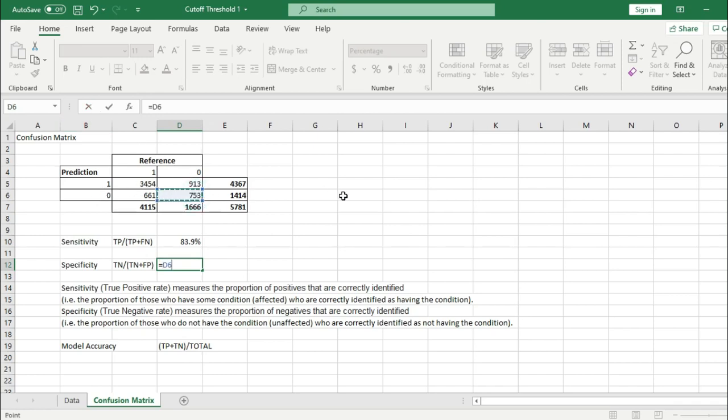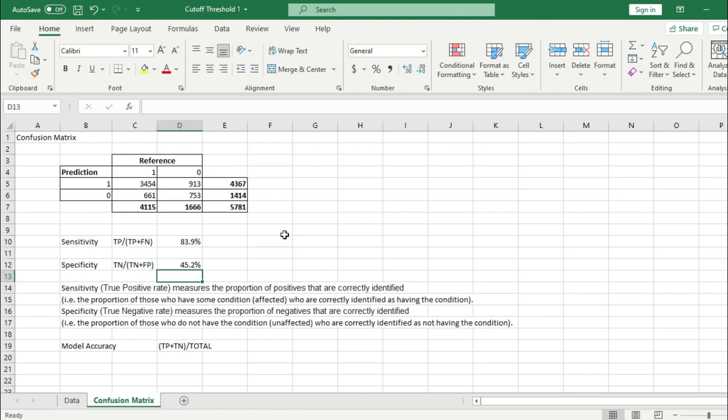This 753 divided by the sum of the true negative, the 753, plus the false positive. That will be the ones that we said they are positive but were actually negative. That will be this one. And we can see that it has a specificity of 45.2%. So we can say that our model predicts better the positives than the negatives.